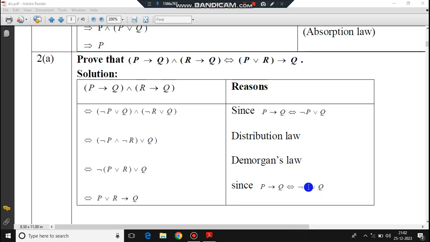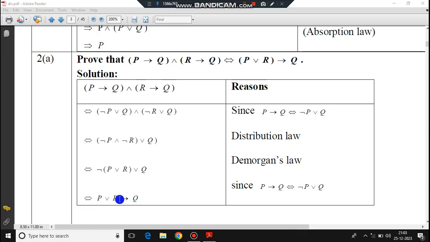Negation P or Q would be exactly equivalent to P implies Q. So from right hand side to left hand side, like that here, negation of P or R or Q is exactly equivalent to here that P or R implies Q. By using this particular idea from left hand side to right hand side, we'll get P or R implies Q.